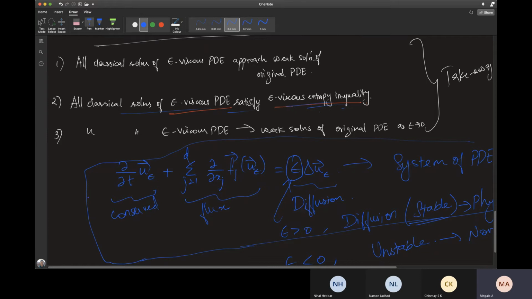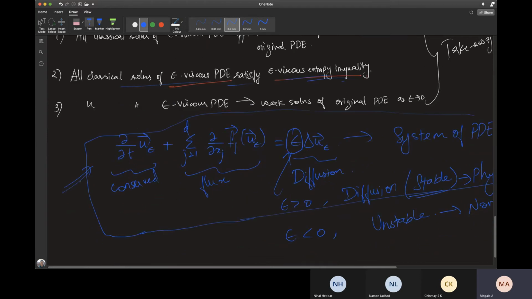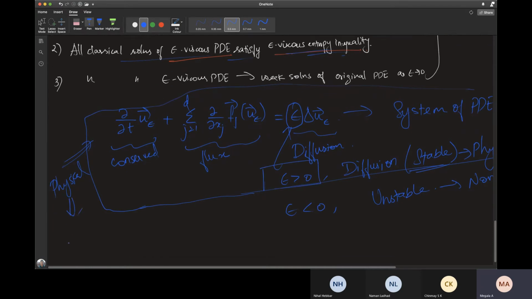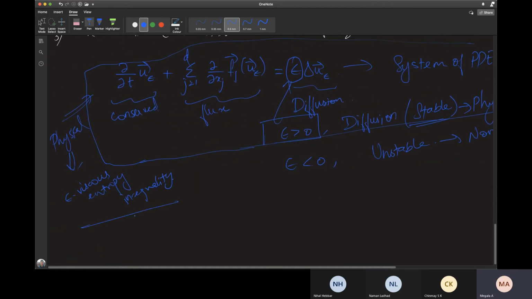So we consider any solution that satisfies this system as a physical solution. That is where epsilon is greater than 0. And such solutions always satisfy the epsilon viscous entropy inequality. So that is our final takeaway. Out of these, this is the final takeaway.